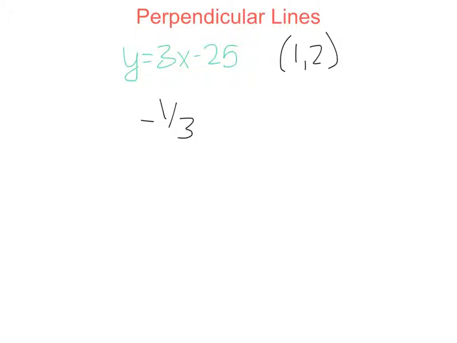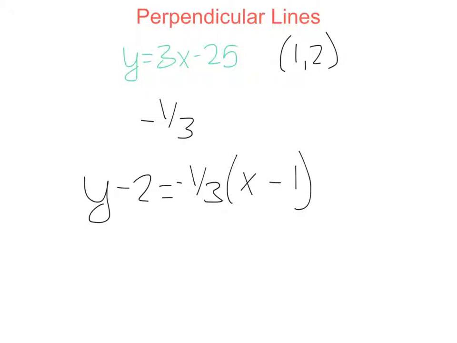So then all we have to do is put it into point-slope form with our new slope and our new point. So we have y minus 2 is equal to negative 1/3 times x minus 1. So then we distribute the 1/3.